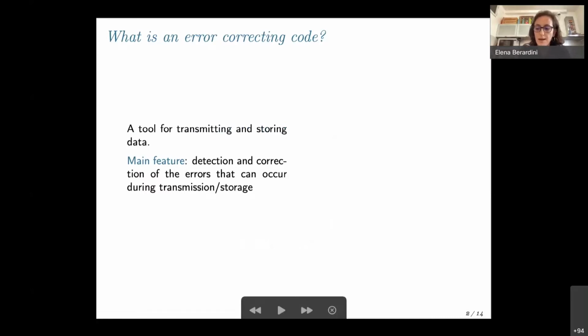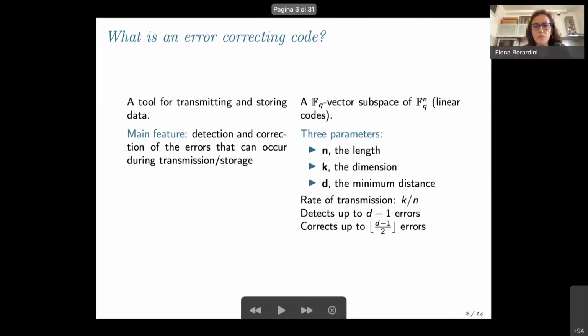But from a mathematical point of view, we will be more interested in what are called linear codes, that are F_q vector subspaces of F_q^n, where F_q is the finite field with q elements. And to those codes, we can attach in general three parameters, the first being the length of the code.